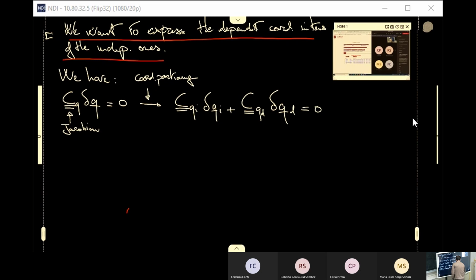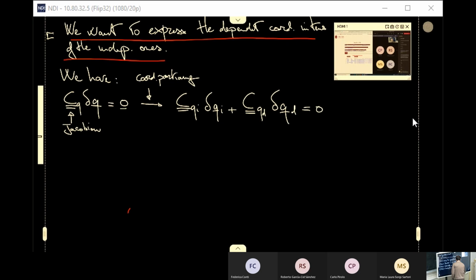This is exactly the same thing which I have written. As we remember, this is an NC times NC, this is an NC times 1, this is an N minus NC times 1, and this is an NC times N minus NC. Okay, so this is what we saw yesterday.